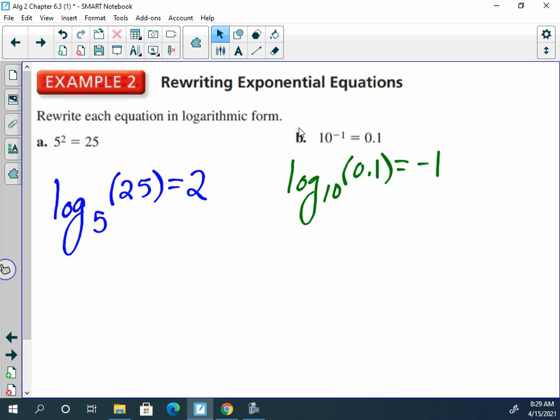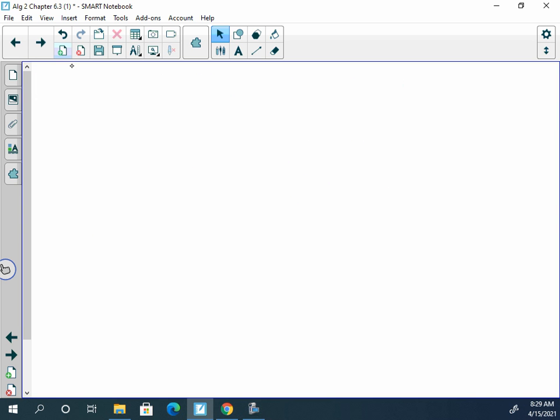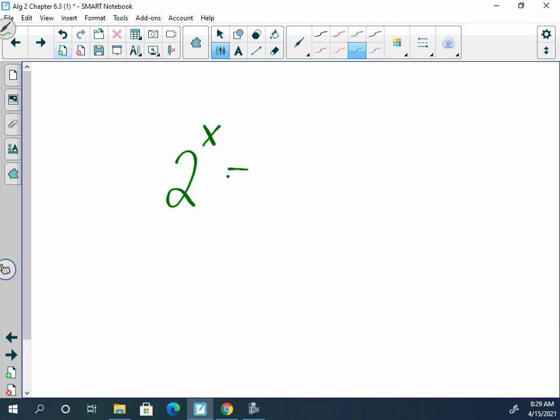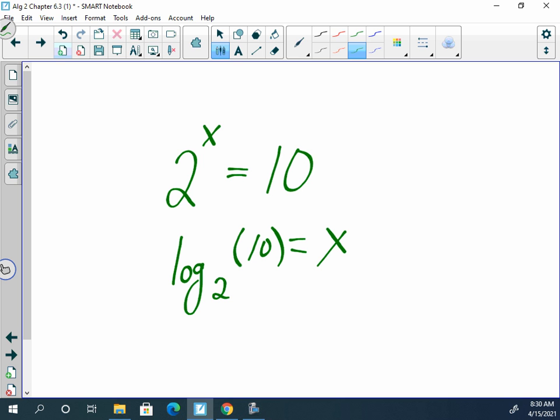Now this here is actually quite helpful. Because the problem we started out with, that we kind of got stuck with at the beginning of class, was 2 to the x equals 10, yes? Let's rewrite it as a logarithmic. What would this be? Log base 2 of 10 is equal to x.